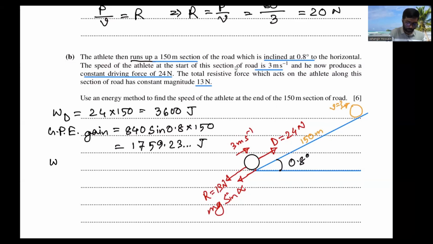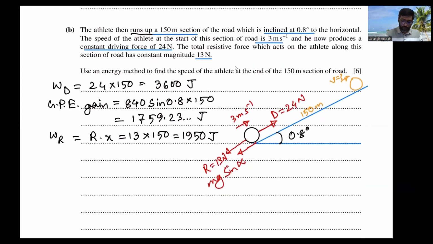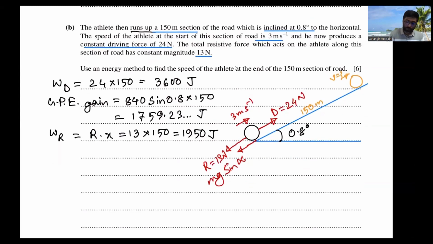And there is work against resistance, which is resistance into distance. Resistance is 13 Newton and the distance is 150. That is 1950 joule.